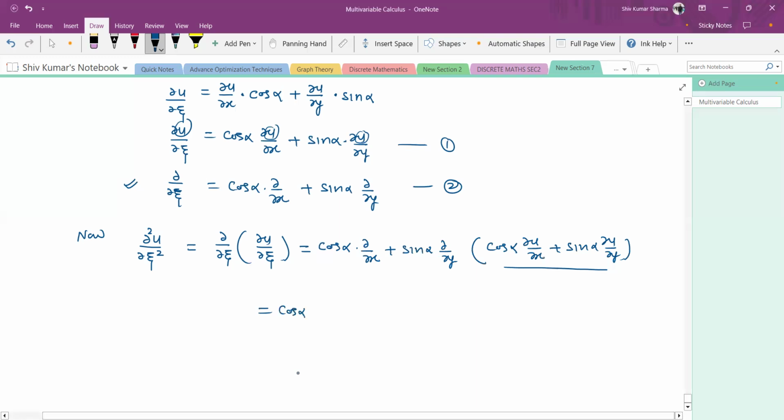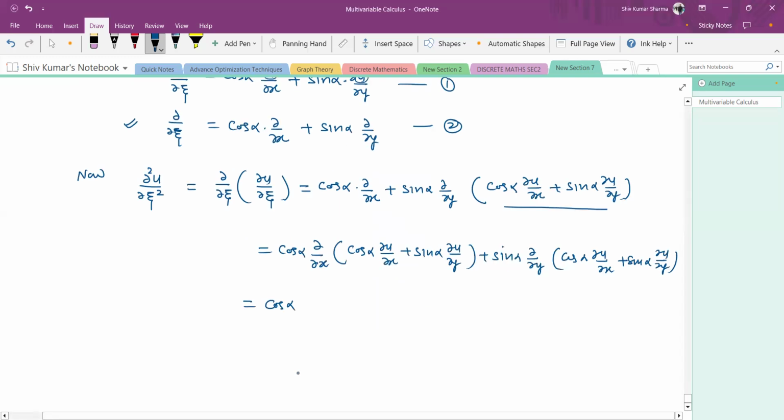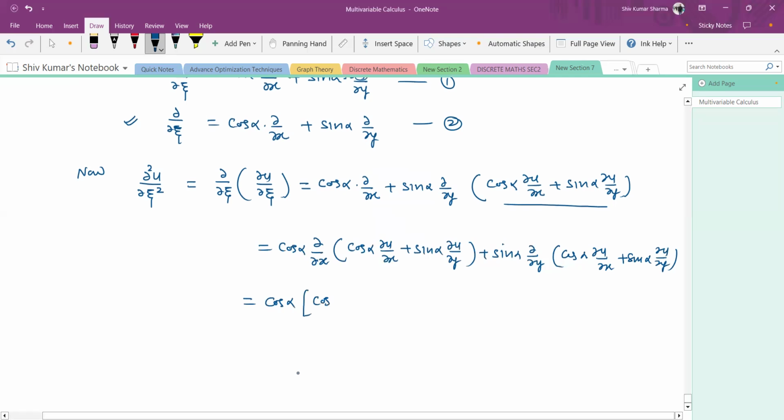So we write cos α ∂/∂x into the derivative of cos α ∂u/∂x plus sin α ∂u/∂y, plus sin α ∂/∂y into cos α ∂u/∂x plus sin α ∂u/∂y. Here cos α is treated as a constant, so we write cos α and differentiate ∂u/∂x, which gives ∂²u/∂x², plus sin α, and the differentiation of ∂u/∂y gives ∂²u/∂x∂y.